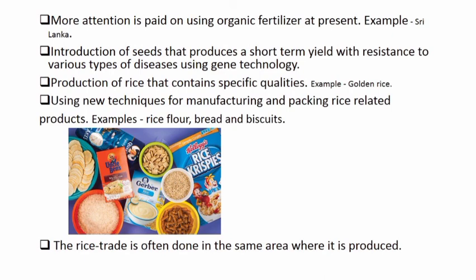The rice trade is often done in the same area where it is produced. Especially in Asia, most rice producing countries produce rice for their local market and regional countries. Like this, we can identify special characteristics of paddy cultivation.